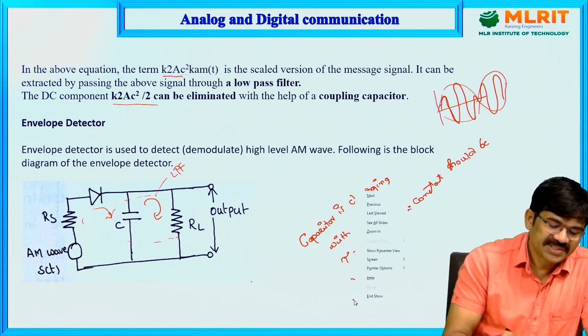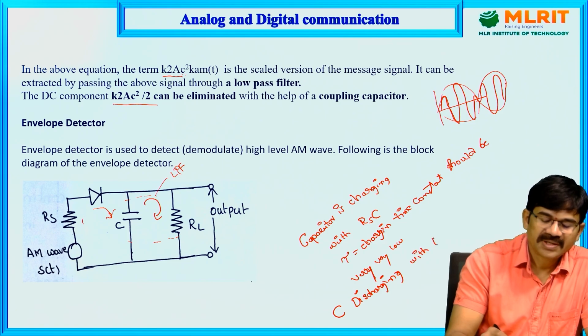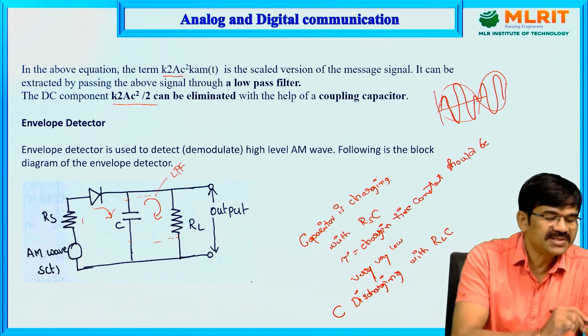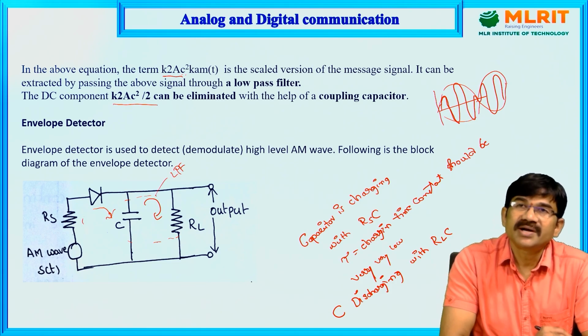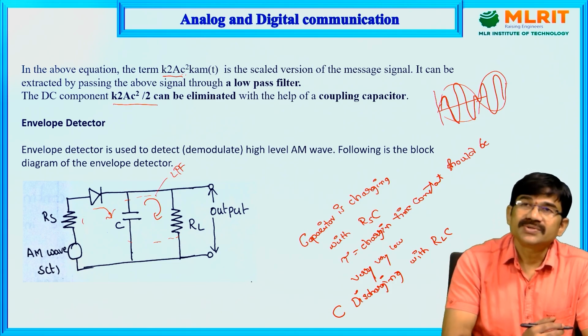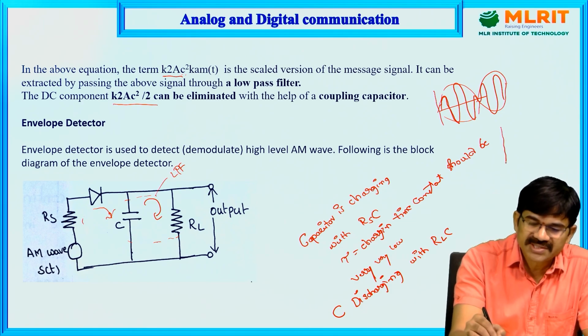The capacitor C discharges with R L C. We are maintaining a very high R L value, so the discharging time constant is very high and the capacitor discharges slowly.